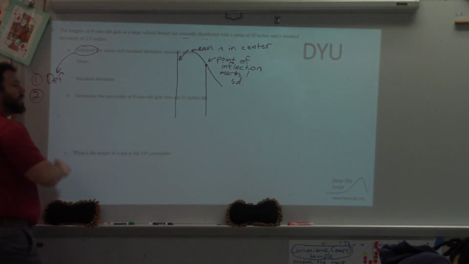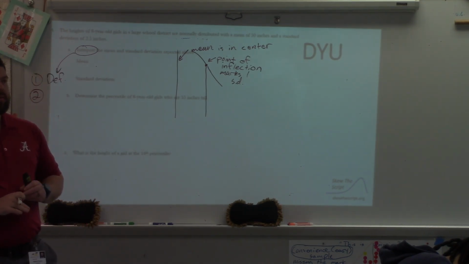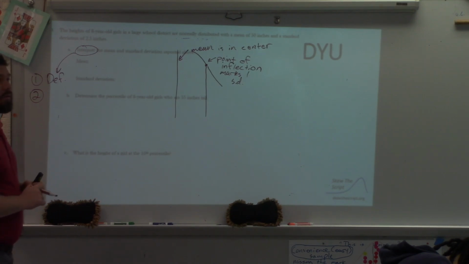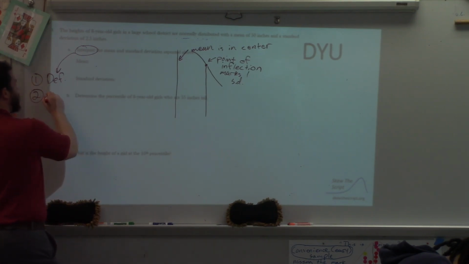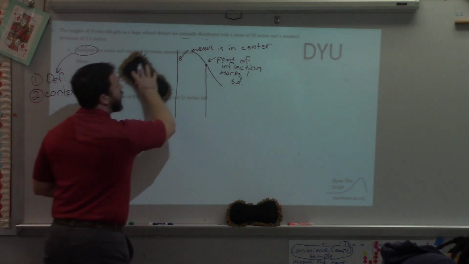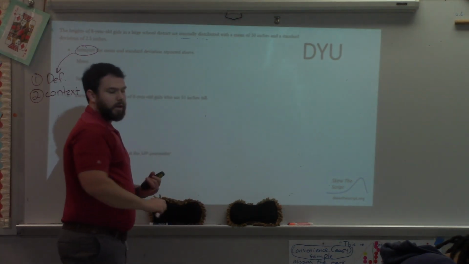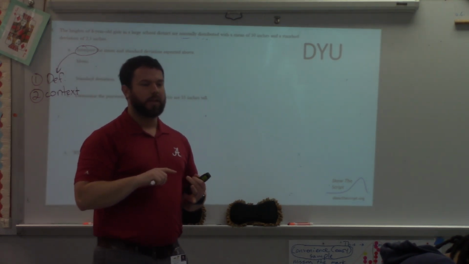Definition, but 2, these aren't random numbers. We have to include the what? Units, yes, there's a little bit more I would say with it. Context. Not just units, right? Because we're talking about inches, sure, but are we talking about someone's height? Their inseam?